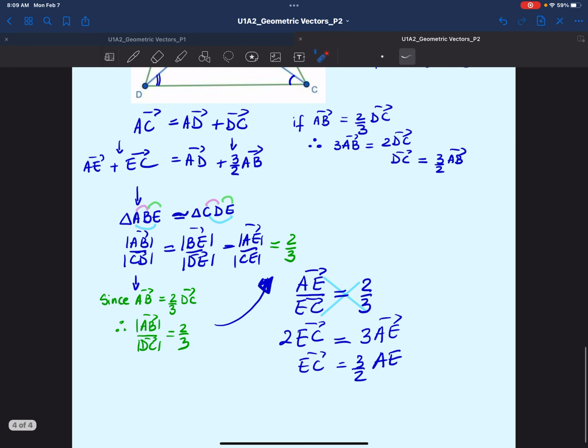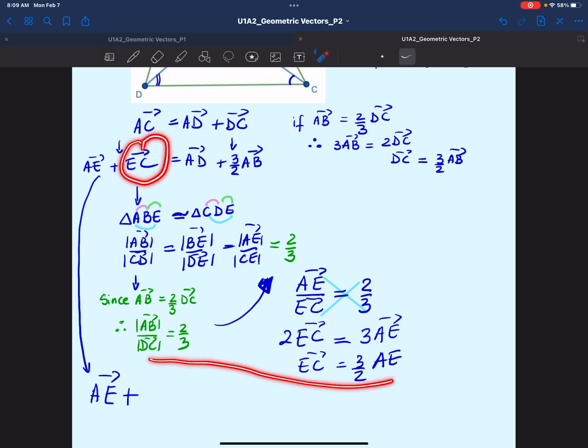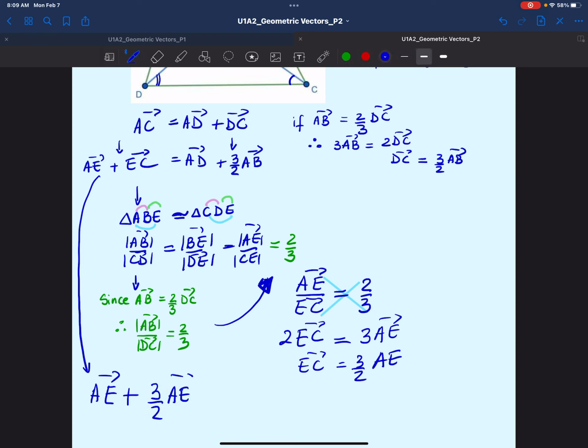So now we can replace EC with something in AE here. So now it's the moment. We're writing AE plus, instead of EC, that's why we did all this work, 3 over 2 AE equals AD, which was already there, and then plus 3 over 2 AB.